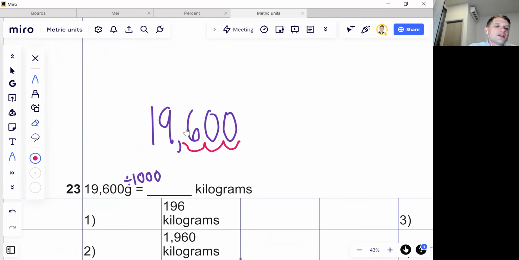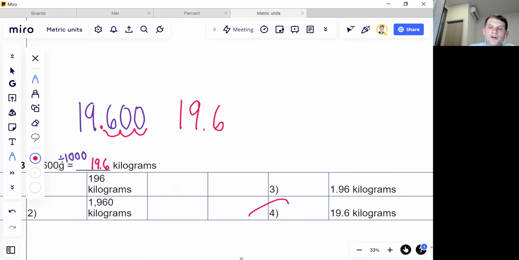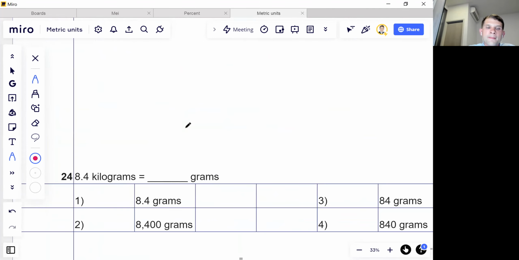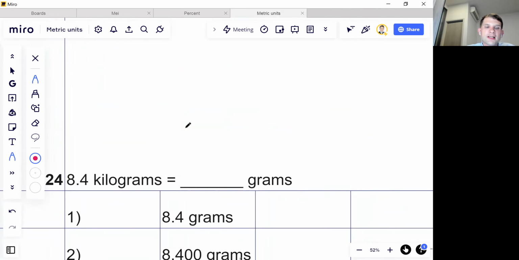And basically, we're going to just change our comma to a decimal here. And that's going to be 19.6 kilograms, or 19 6/10 kilograms for number 23. Alrighty, so select number 4 there for number 23. And moving on. Next one says 8.4 kilograms to grams.